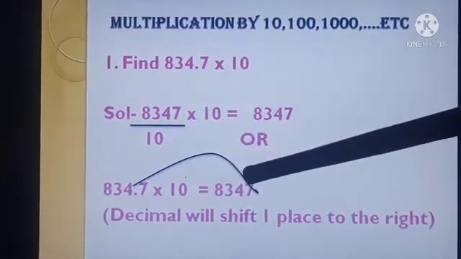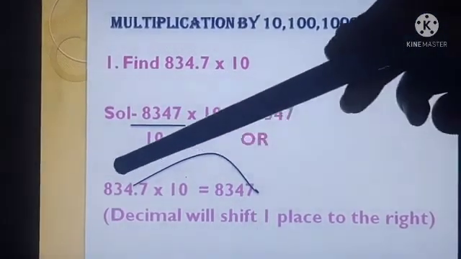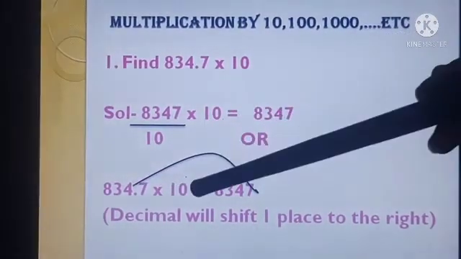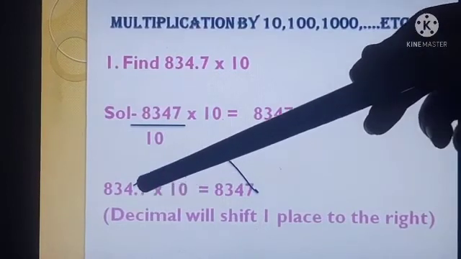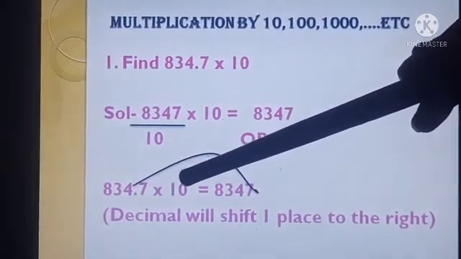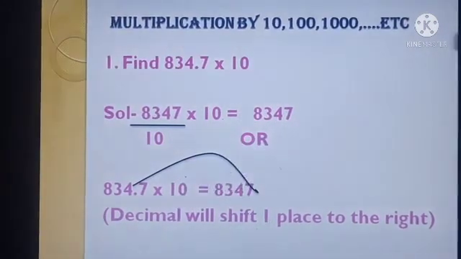And now see the next method which we can follow. 834.7 multiplied by 10 is our question. When it is multiplied by 10, we have to shift the decimal one place forward, as we have one 0 in our multiplying number.